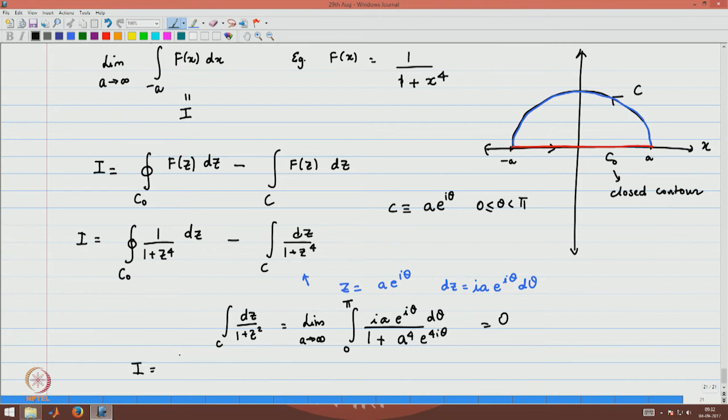I can write I as a simple contour integral, 1 over 1 plus z power 4 dz, over the closed contour of radius a. Now z power 4. So you can easily write where the poles are.